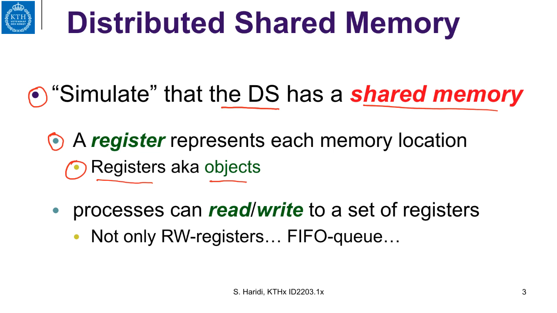So a process can read a register, and a process can write to that register. And we have a set of these registers. Of course, we could have different kinds of shared objects, for example, shared queues instead of shared registers. But in this lecture, we will focus on shared registers with the two operations read and write. And that's what we call a shared memory.